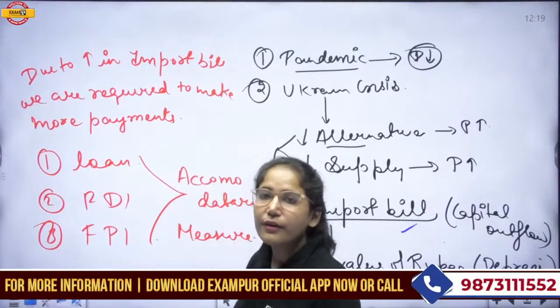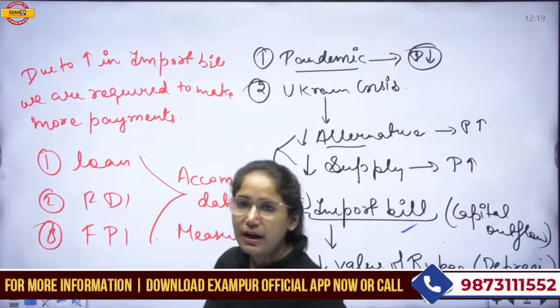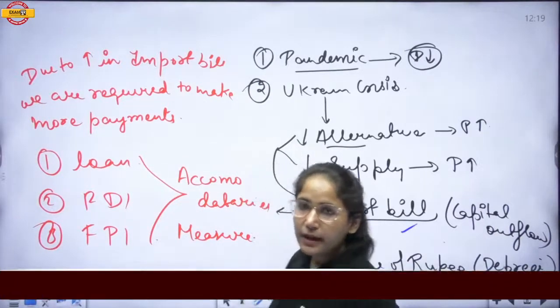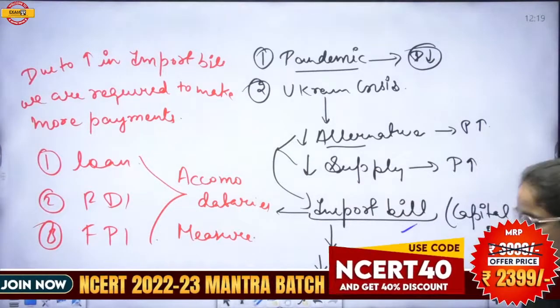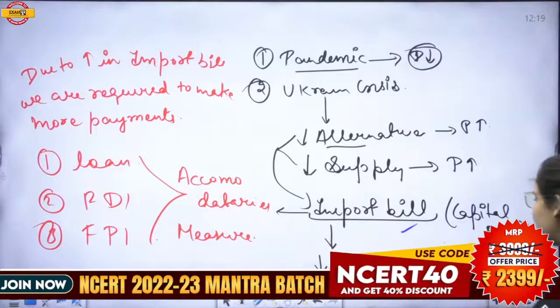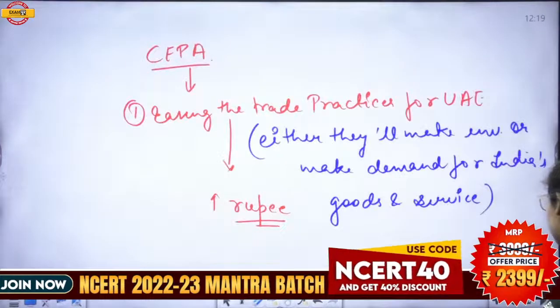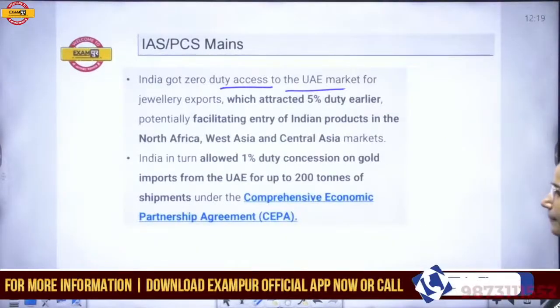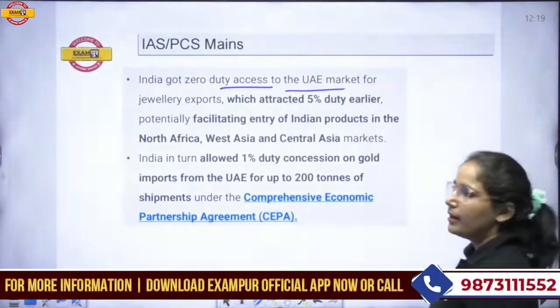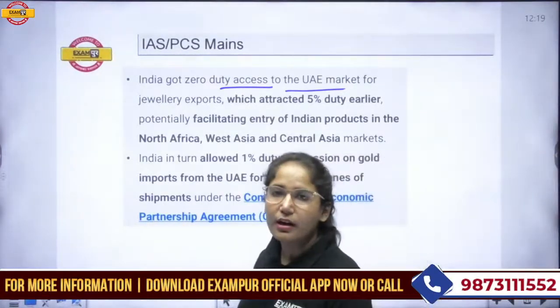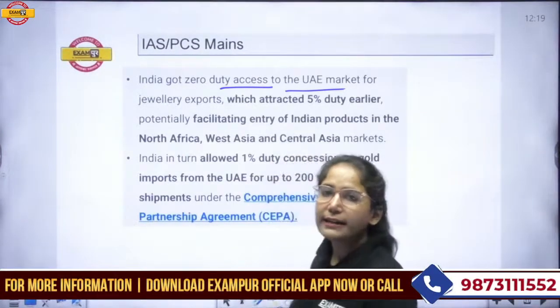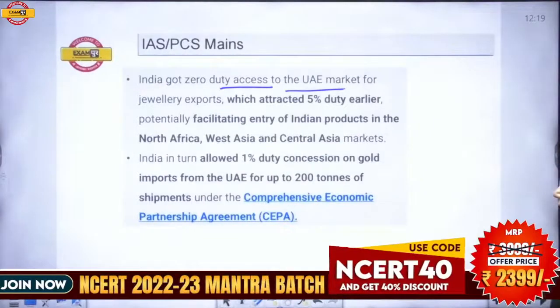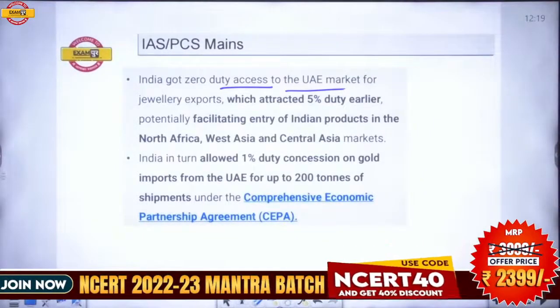Even if we maintain the same level of demand, the increase in prices raises the import bill. If the import bill rises, it declines the value of our currency, and depreciation takes place. In the same format, free trade is helping us out. It is expanding the base for exports, and that export provides earnings.